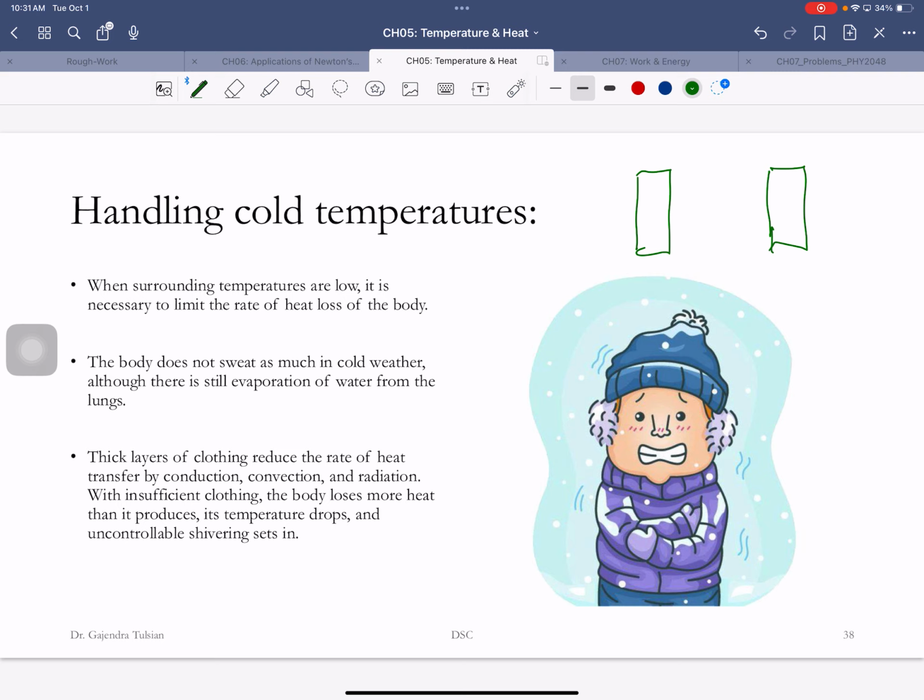So let's say it's cold, and what would you rather do? Would you rather wear a 1-inch thick sweater or 2 half-inch thick sweaters?